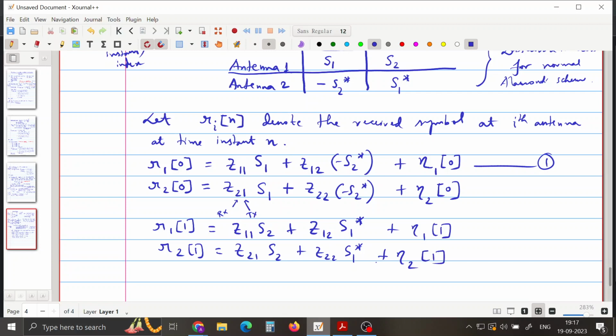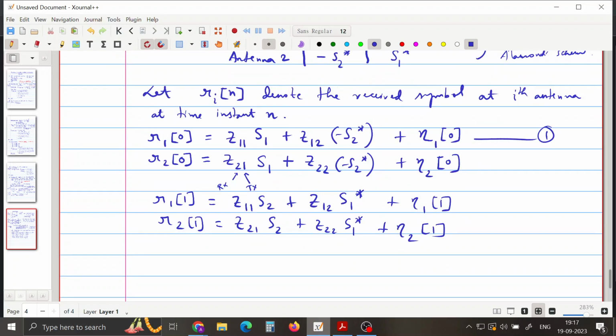Now while forming that matrix, remember that on the left hand side received vector we took conjugates for the second term. R1 was there and then R2 conjugate was there for our Alamouti scheme. So we'll do the same thing. I'll take the conjugate of this equation.